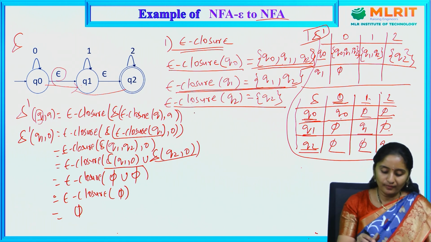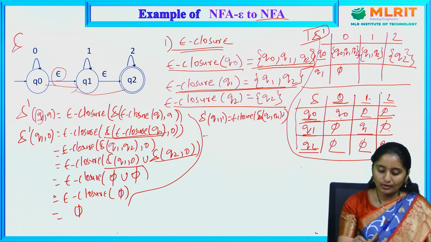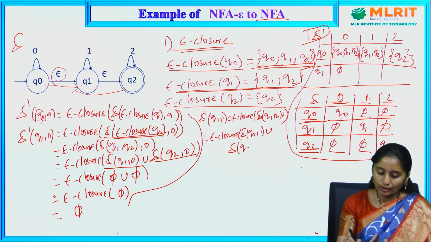The same way we will find for Q1 on 1. Delta dash of Q1 comma 1 is nothing but epsilon closure of delta of epsilon closure of Q1, what I have? Q1 comma Q2 comma 1 input. So epsilon closure of delta of Q1 comma 1 union delta of Q2 comma 1. So what I get?